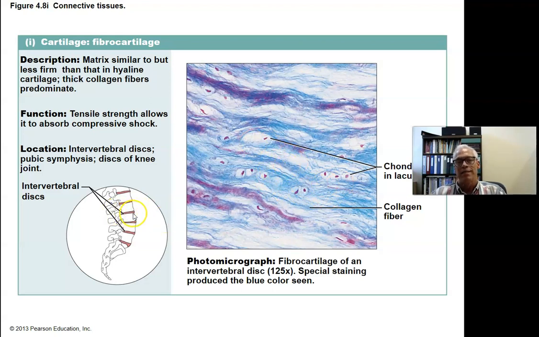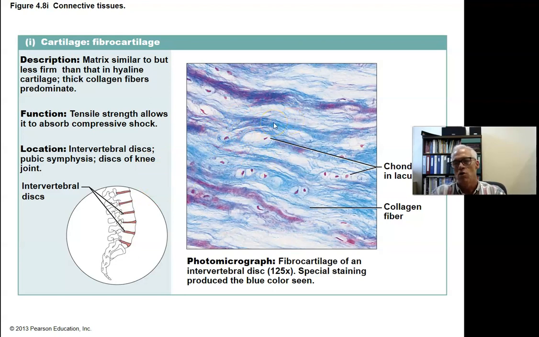Where would we find fibrocartilage? One place we'll find is in the intervertebral discs. This obviously is the spinal column, the vertebra are these irregular bones here, and then in between the bodies of the vertebra are little cylinders of fibrocartilage, enormously tough building material indeed, that gives some flexibility to our spinal column, but very much restricts how much movement there is.